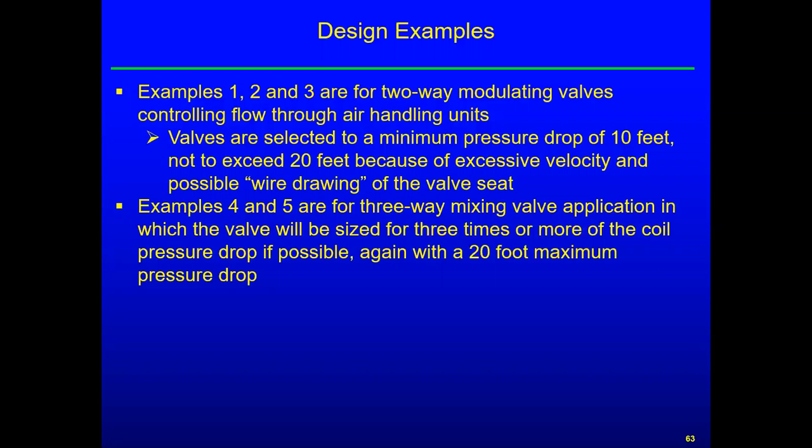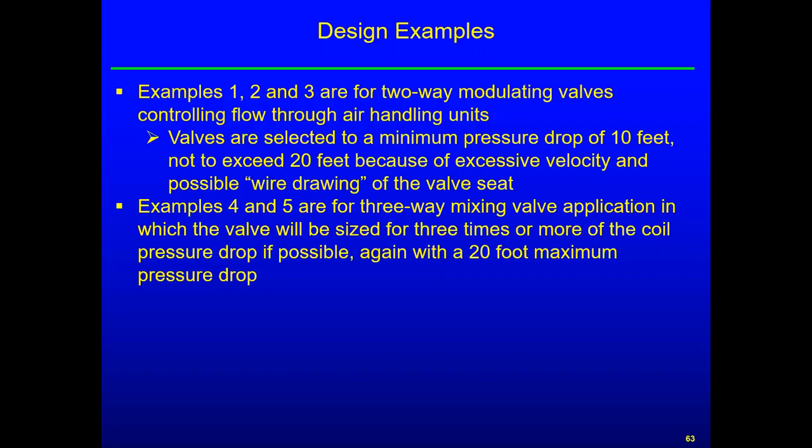Wire drawing has to do with high velocities cutting. You get it pretty much closed, and what flow goes through is high velocity, and it can erode the valve seat. That's called wire drawing.